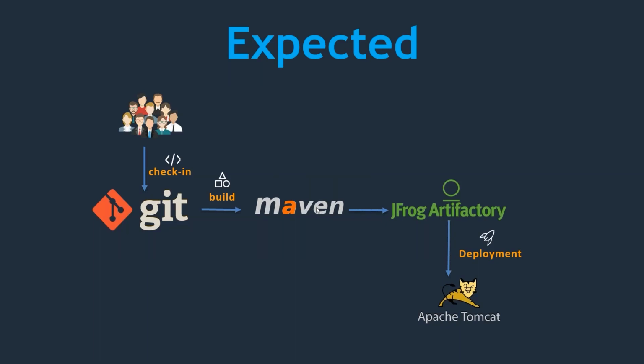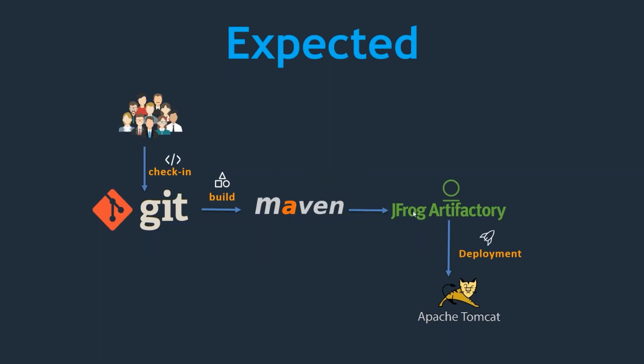I don't want to tell Maven again to push it into the artifactory. Once it is pushed, I want to deploy it on a Tomcat server by taking it from the artifactory. I don't want to handle Maven for deployment. Why? Because Maven is meant for building the artifact, not for deployment.